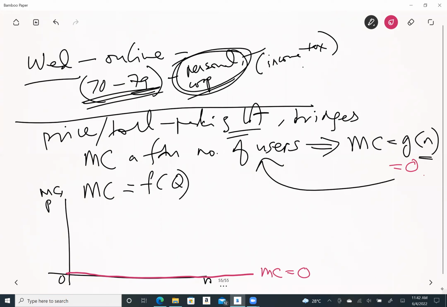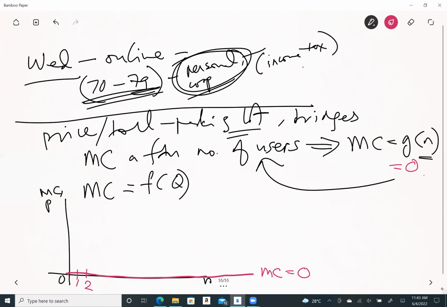In other words, if I provide the good for one person, and the second person uses it or consumes it, is there any additional cost that I incur? No, 0, because the good has already been provided. So to provide the good for additional users, there is no additional cost.